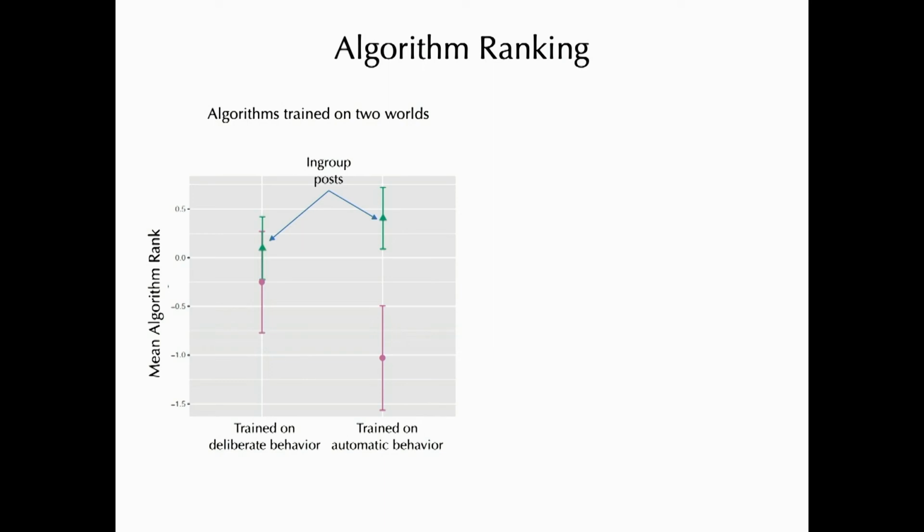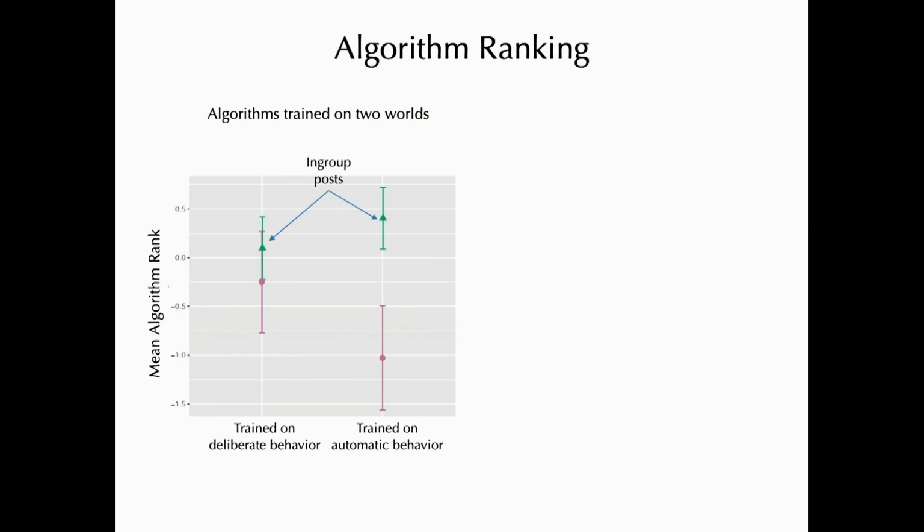But trained in the more quick decision world, the algorithm is going to be recommending movies by the in-group at a much higher rate than by the out-group. So this is just helping you see in a lab experiment how the bias plays itself out, but it's not a fixed bias. It's determined by the context.